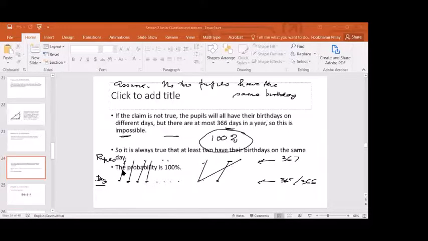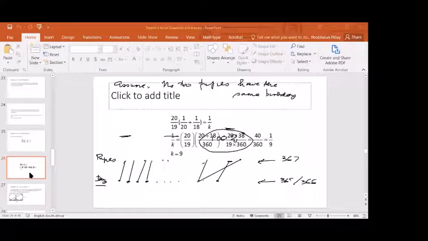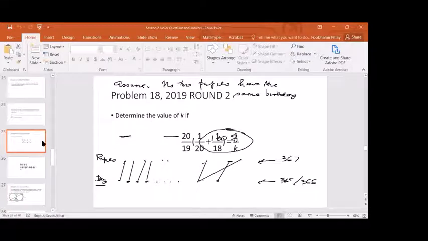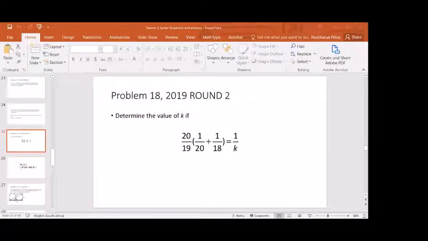Problem number 18. That's 19. Okay, problem 18 is the following. Determine the value of k if this is true.